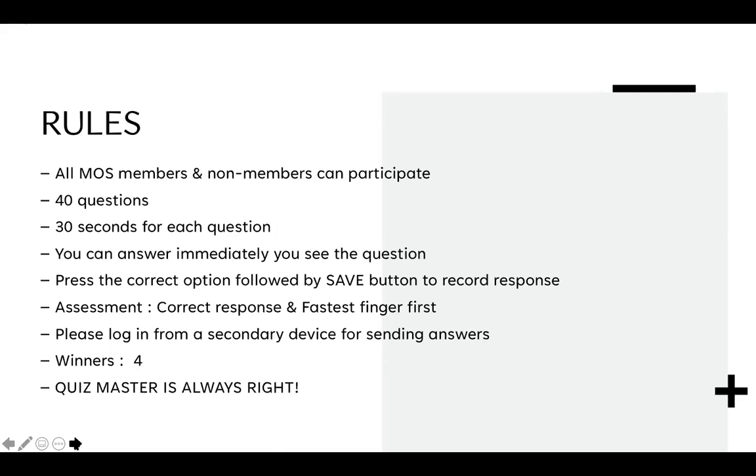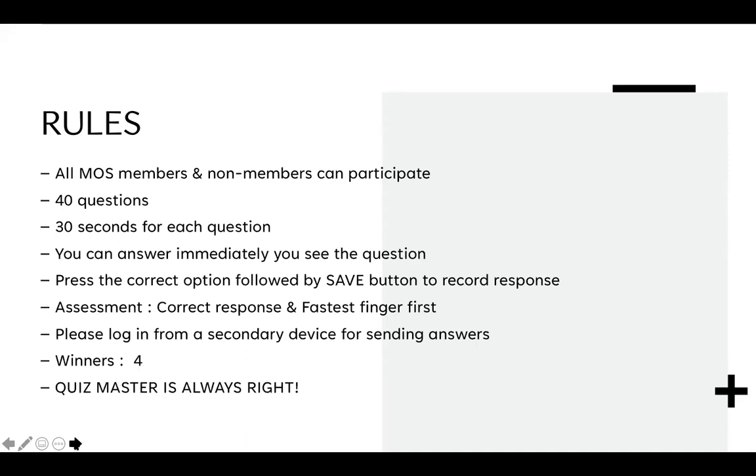Like I've said, please log in from a secondary device for sending your answers. If you see the chat box, there is a link that has been posted. That is the link you need to join from a secondary device like a phone, a secondary laptop, or a tablet, so that you can send your answers from that device.